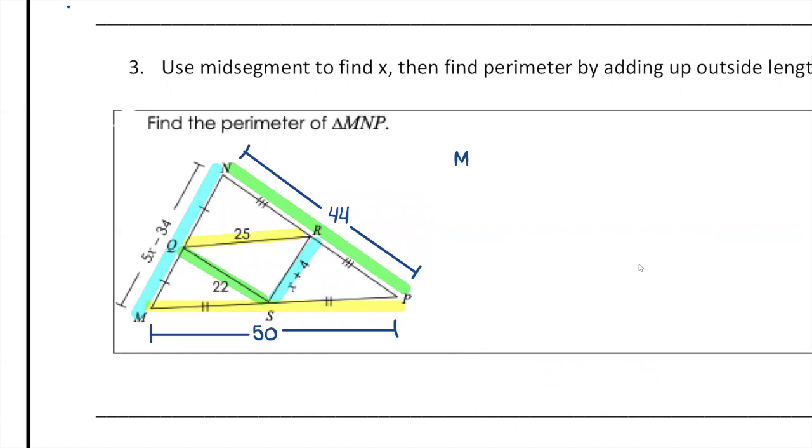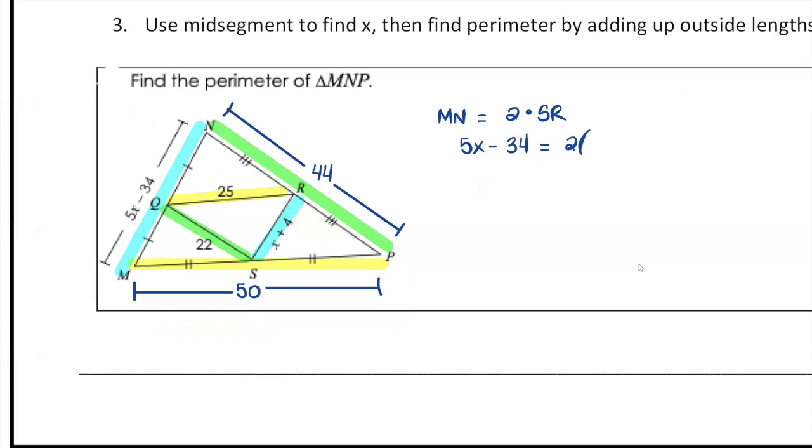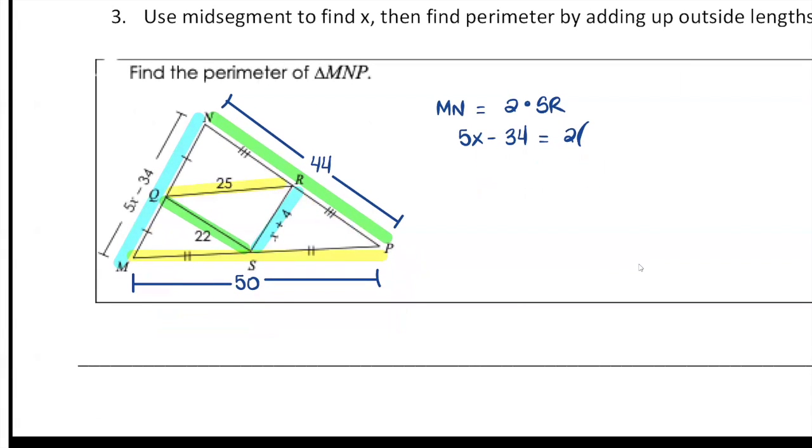So we say MN, which is that third side, MN equals 2 times our midsegment SR, or RS, whatever you want to say. So now we can substitute the values they gave us. 5x minus 34 equals 2 times x plus 4.